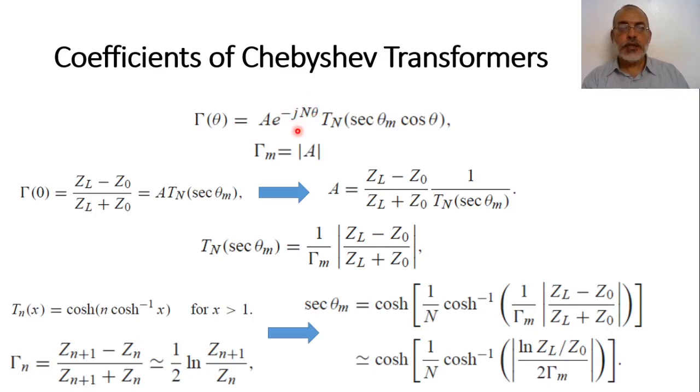So in this case, the maximum magnitude of the reflection coefficient equals the maximum magnitude of A.